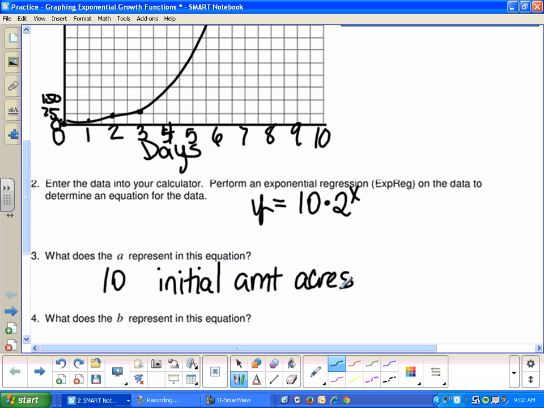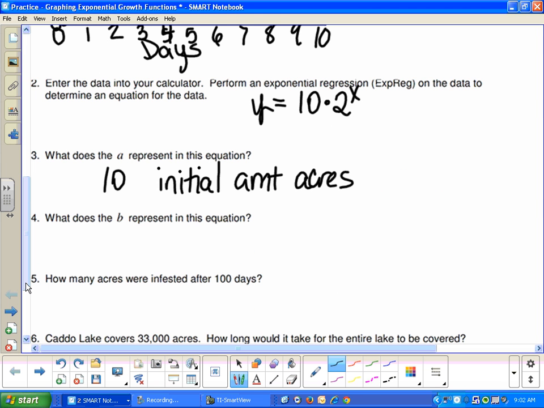So A is always what you're starting with. B in this case is 2. What does the 2 represent? Because they're doubling. Yeah, it's doubling. It doubles every 10 days.